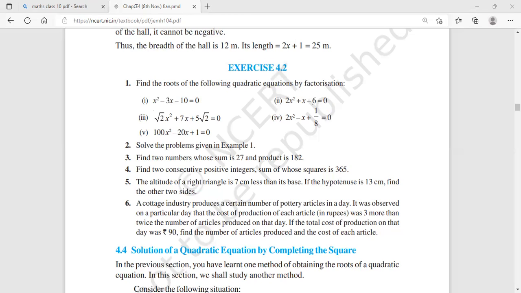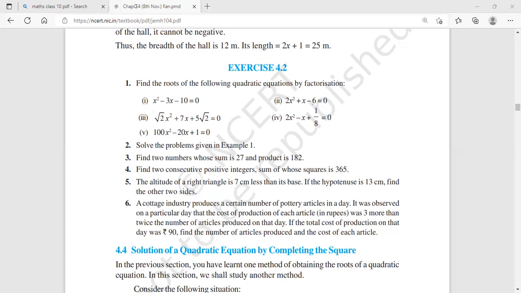What is AB? x minus 7 the whole square. What is BC? x the whole square. So 13 square is 169. Now x minus 7 the whole square is in the form of a minus b the whole square, so a square plus b square minus 2ab. Some also say it as a square minus 2ab plus b square. Doesn't matter. Plus x square.